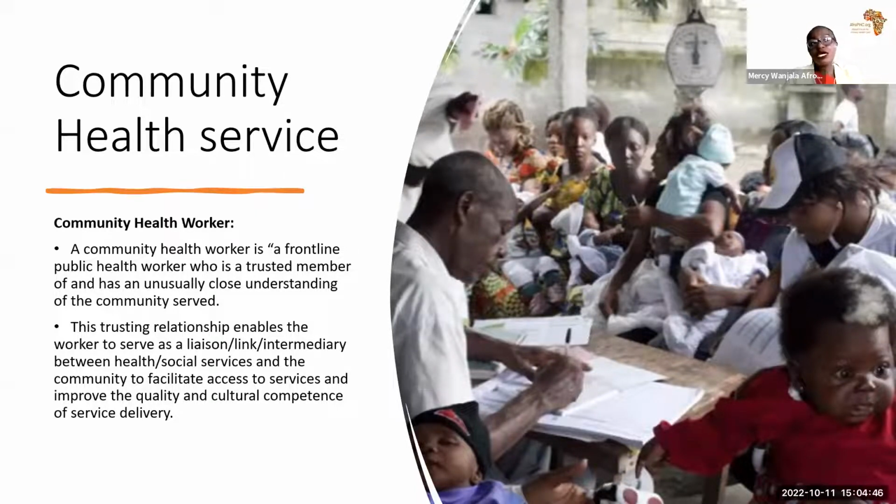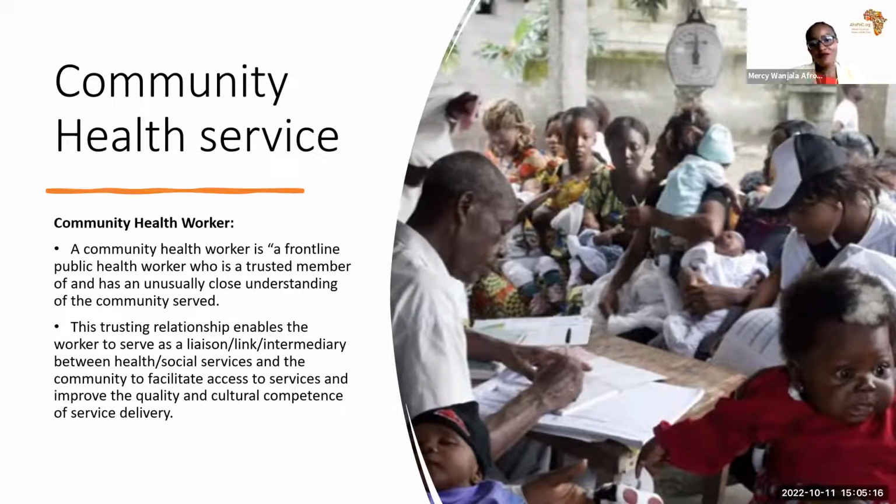One of the things we are calling for in our Afro-PHC policy framework is professionalization of community health workers. Because how do you expect someone to be working for you, doing referrals, doing house visits, but you don't pay them for their time? So we are encouraging all African nations to professionalize community health service, treat them as workers, treat them as part of the health service system, and remunerate them accordingly.